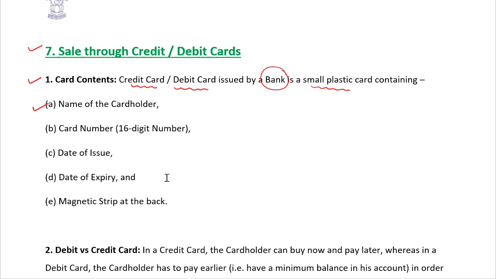Name of the card holder, say Ram. Card number, it's a 16-digit number. Date of issue, we have an expiry date and a black magnetic strip.